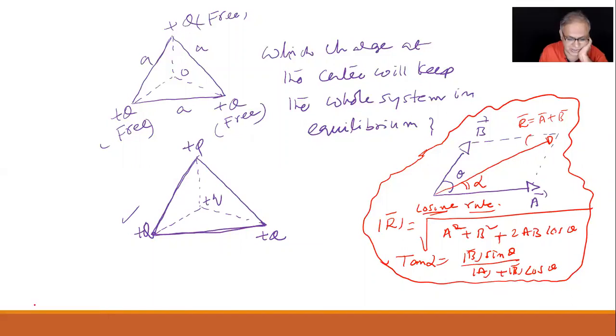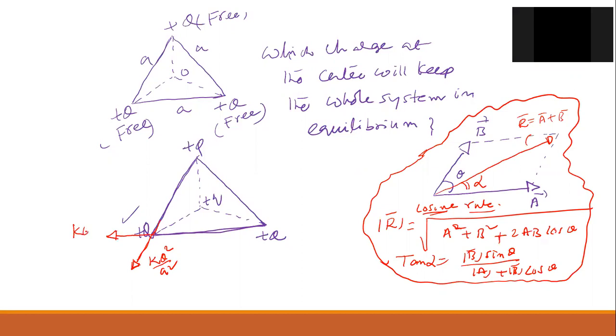Forces are vectors. You can't simply write this force. It will be like this, isn't it? That I took as F1. F1 is how much? KQ square by A square. Agreed. And this force will be also KQ square by A square. Angle between them is 60 degrees.